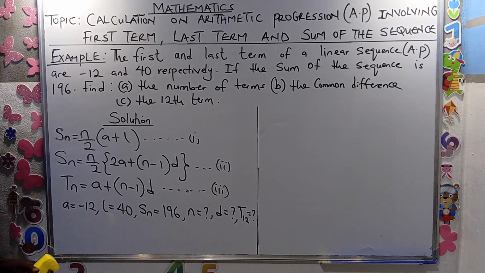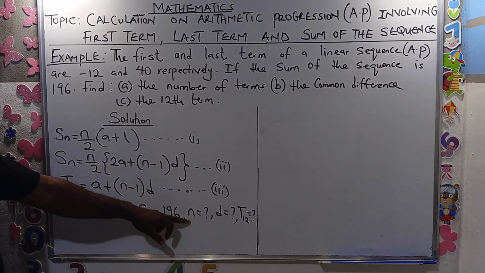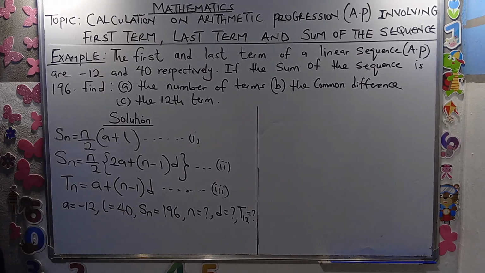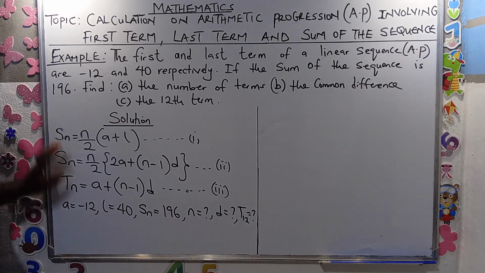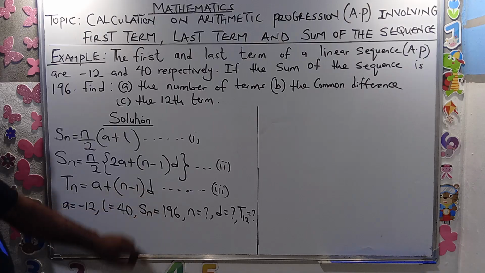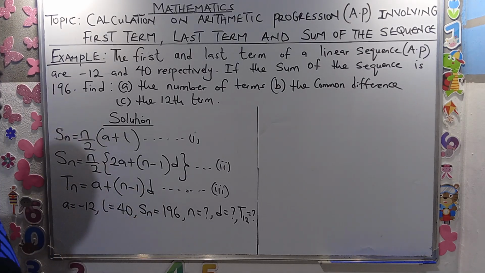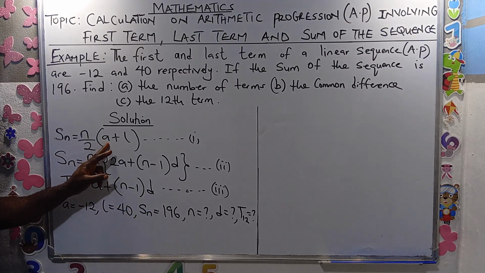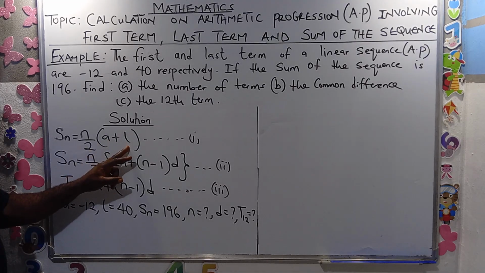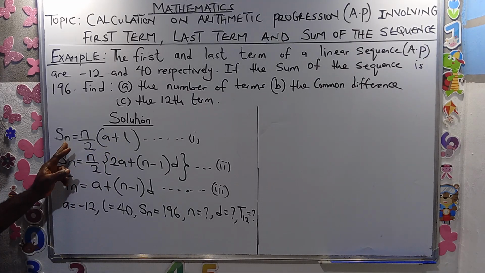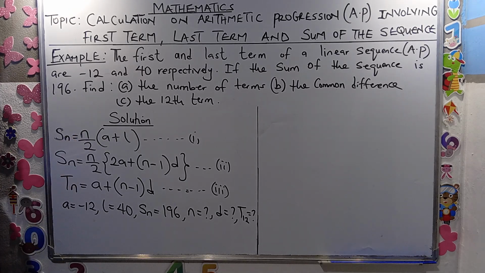Now let's know what formula to use. We're looking for the number of terms. What you need to do is look at the three equations critically to know the formula to use. In the first equation, we have the first term, we have the last term, we have the sum of the sequence, but we don't have the number of terms.